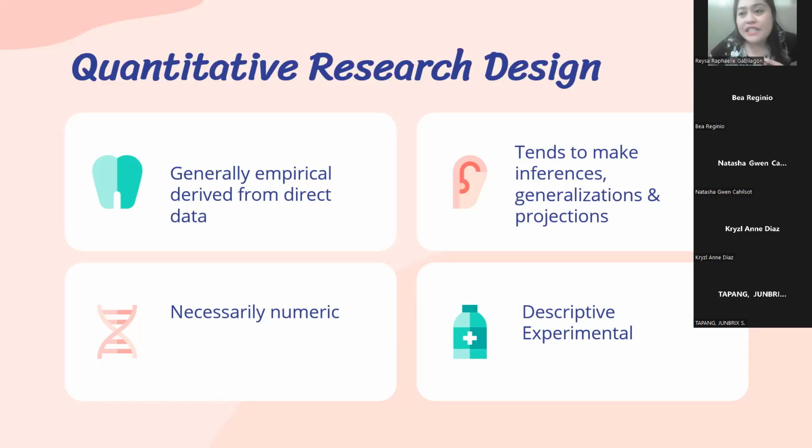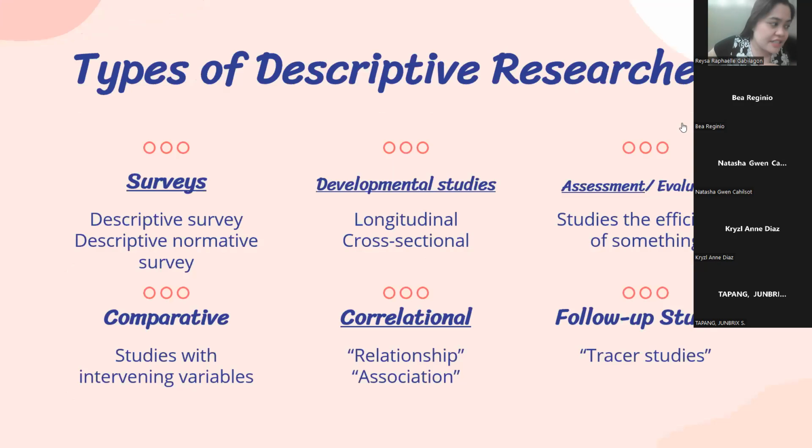Pero actually, even if we only have two, marami tayong i-discuss sa dalawang yan. Okay? Yan yung common sa atin sa school. Marami tayong descriptive and experimental research. Okay? So, let's discuss first the types of descriptive researches. I have mentioned what descriptive research is a while ago.